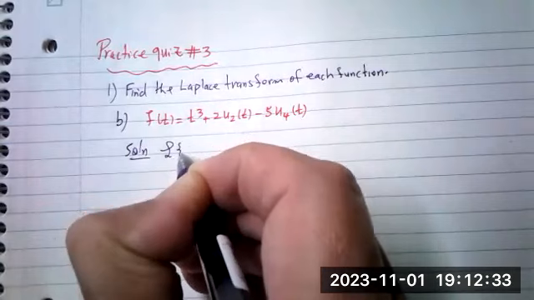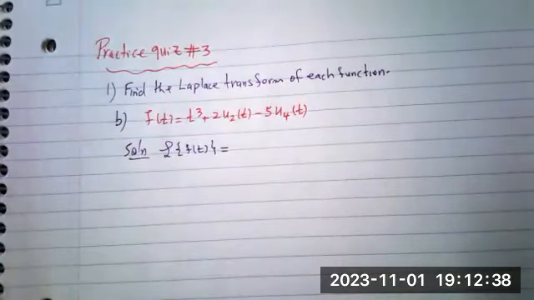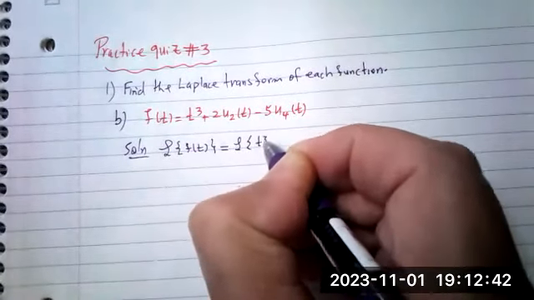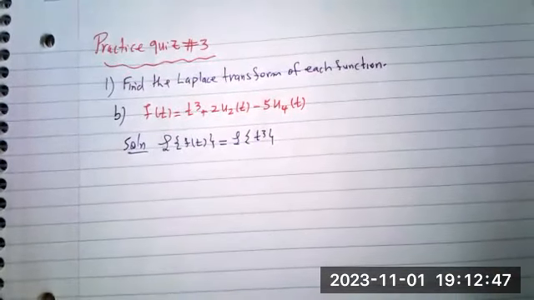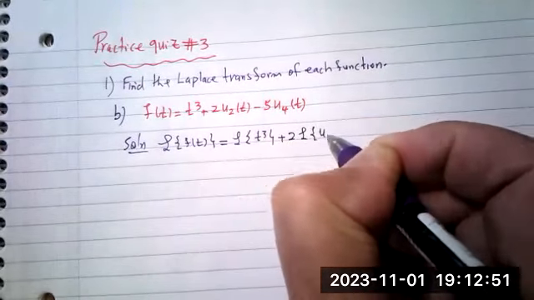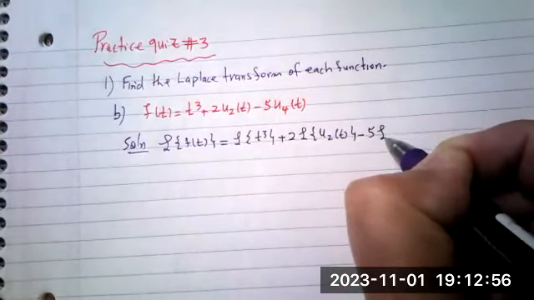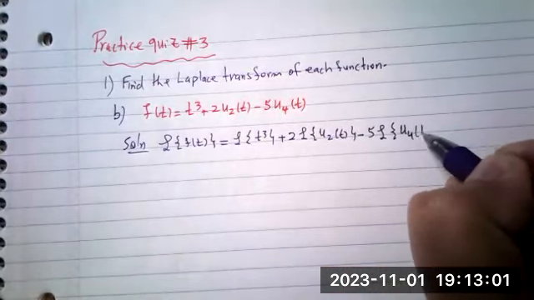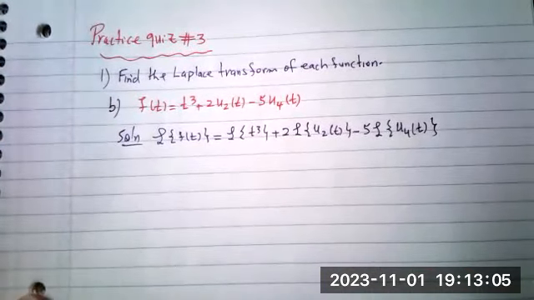So the Laplace transform of f(t) is going to be equal to the Laplace of t cubed, plus 2 Laplace of u_2(t), minus 5 Laplace of u_4(t).